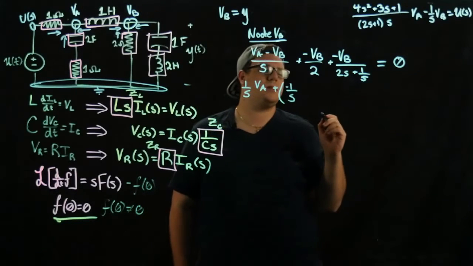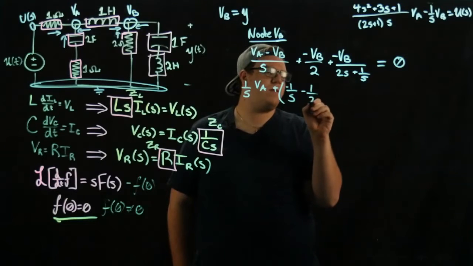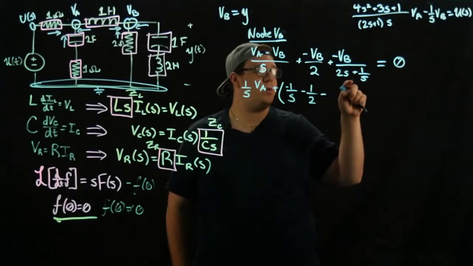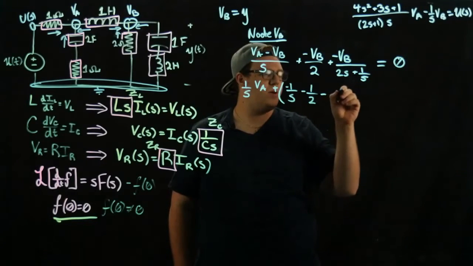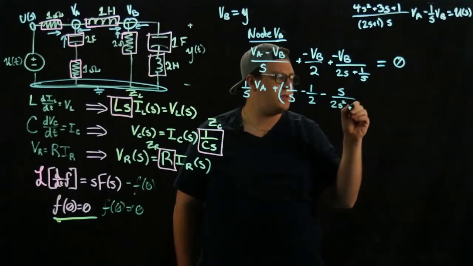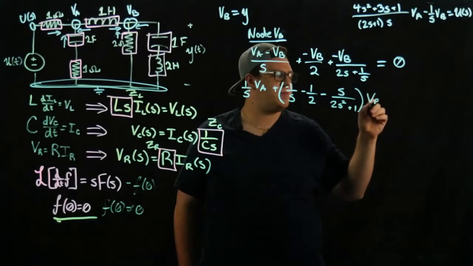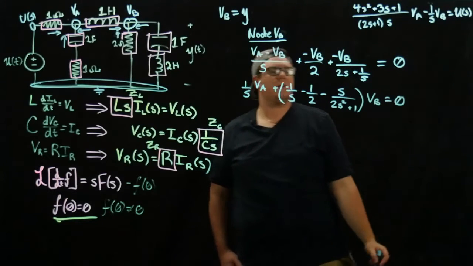Minus 1 over s. Then we have a minus 1/2. And then we have a minus, I'm going to multiply an s on top and bottom here to get rid of this fraction. So we're going to have an s over 2s squared plus 1. And we're going to close that off, and it's all times VB, and this is going to equal 0.